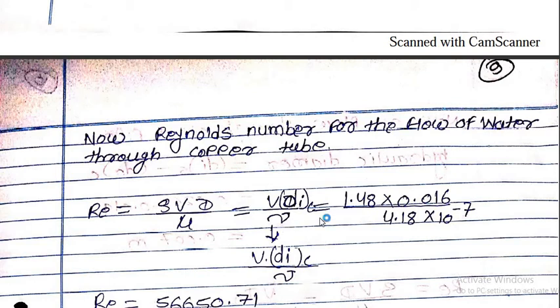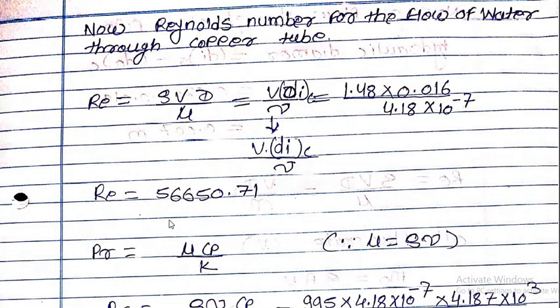So we put in all these values: 1.48 is the velocity of the water, multiplied by 0.016, the inner diameter of the copper tube, divided by the kinematic viscosity, given as 4.18 into 10 raised to minus 7. So we get the Reynolds number, which is equal to 56,650.71.